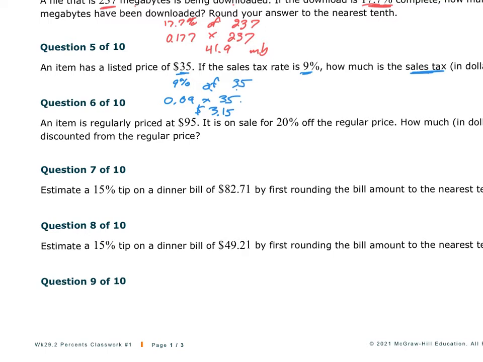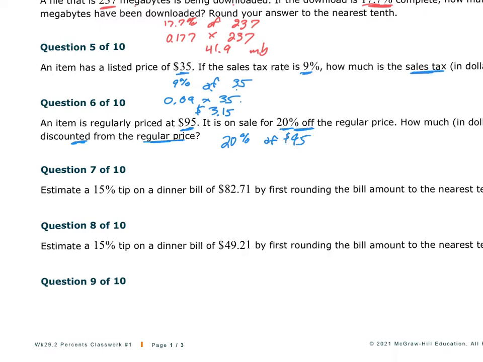Next problem. An item is regularly priced at $95, almost $100. It's on sale for 20% off the regular price. So you're not paying 20%, you're being discounted 20%. How much in dollars is it discounted from the regular price? So not what is the regular price, but how much are you saving? So we want to figure out what 20% of $95 is.